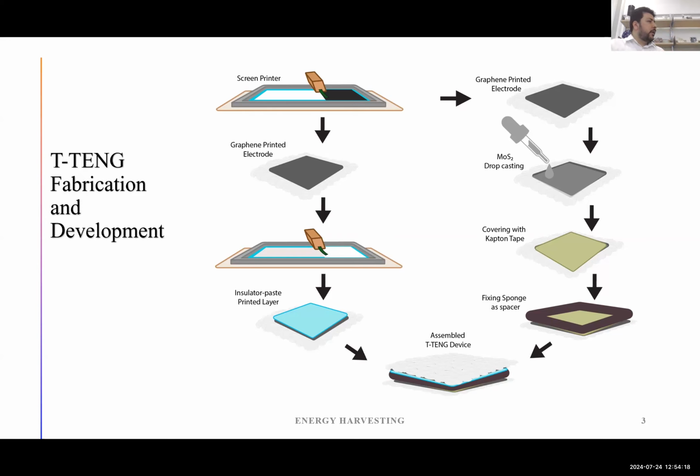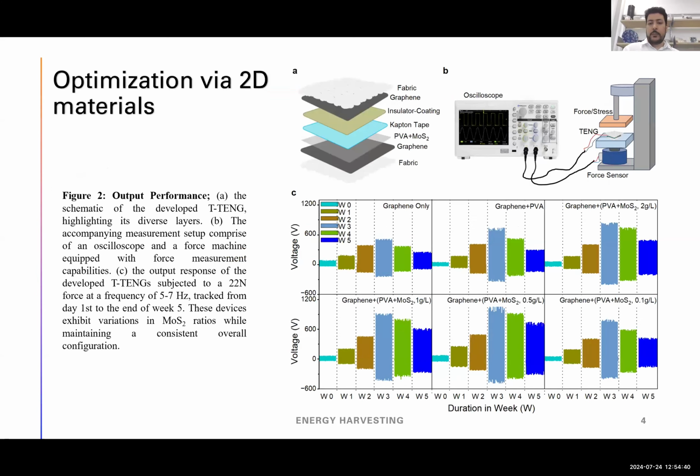We used a sponge as a spacer with double-sided adhesive tape. We placed the sponge on the edges of these electrodes and then placed the other surface on it to make a sandwich structure, which is the triboelectric nanogenerator. So this is the fabrication and development of the device, which is a quite easy and straightforward method.